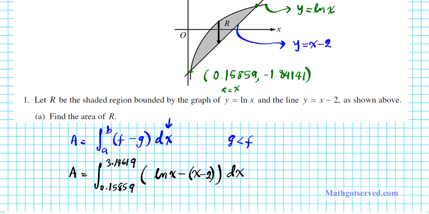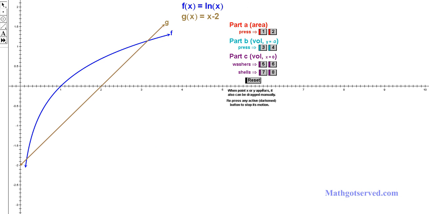All right, let me give you a visualization as to what's going on here. You have the two functions, the logarithmic function in blue and the linear function in brown. What we're doing is basically adding up all these infinitely narrow rectangles from our lower bound all the way to our upper bound. That's how we calculate the area.